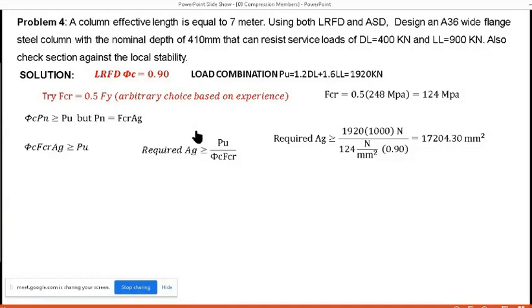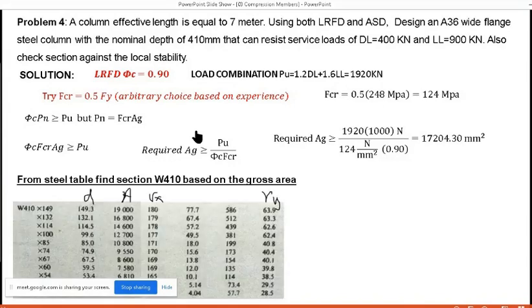So, pag meron na kayong required AG based on the arbitrary choice, makakakuha na tayo kung anong section yung itatry natin. Okay? So, based on this required AG, pag tinitignan natin, anong itatry natin?